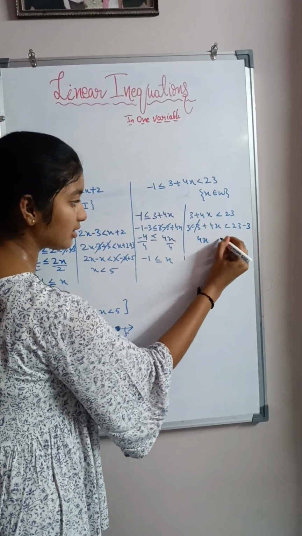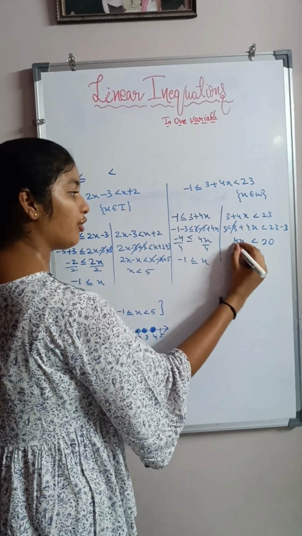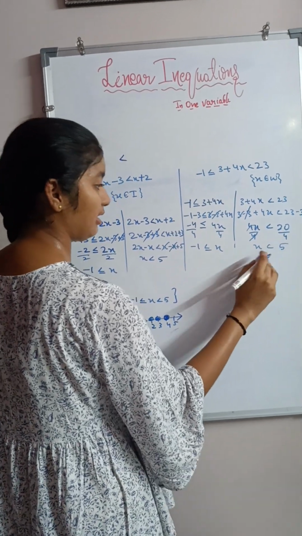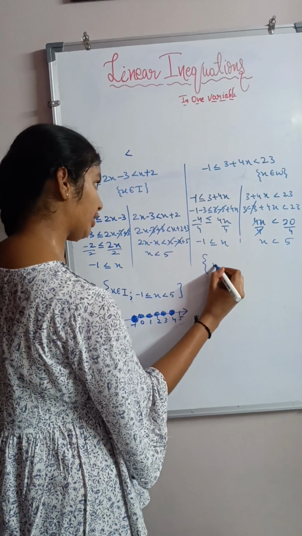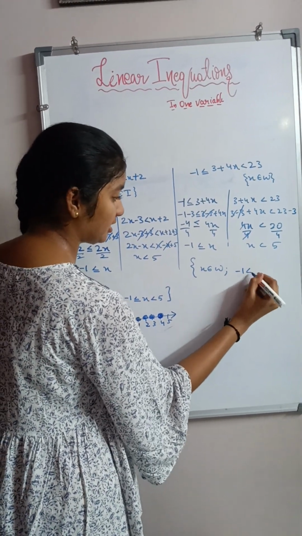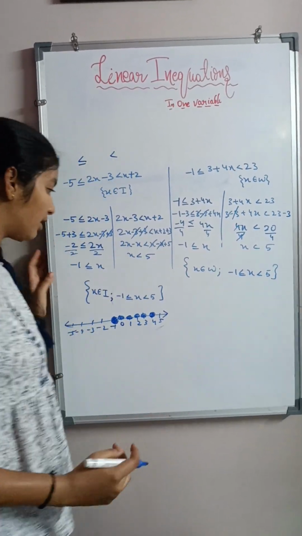This will be eliminated. 4x less than 20 is the answer. We should eliminate 4 over here, so we should divide. x is less than 5. So in the roster form, what do we need to write? x is equal to W, minus 1 is less than or equal to x, x less than 5.